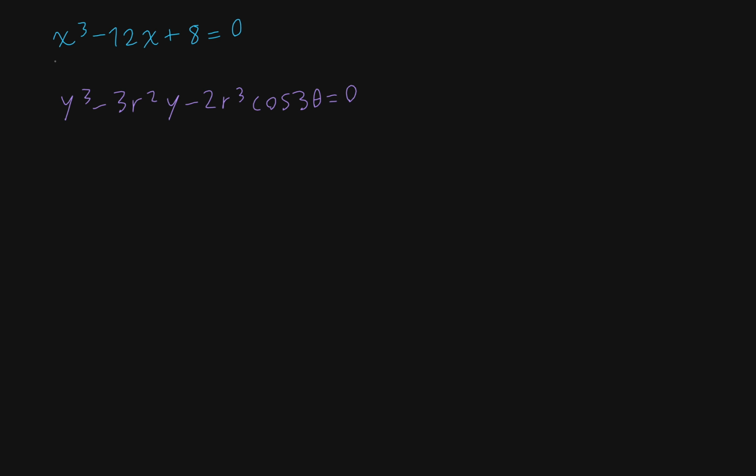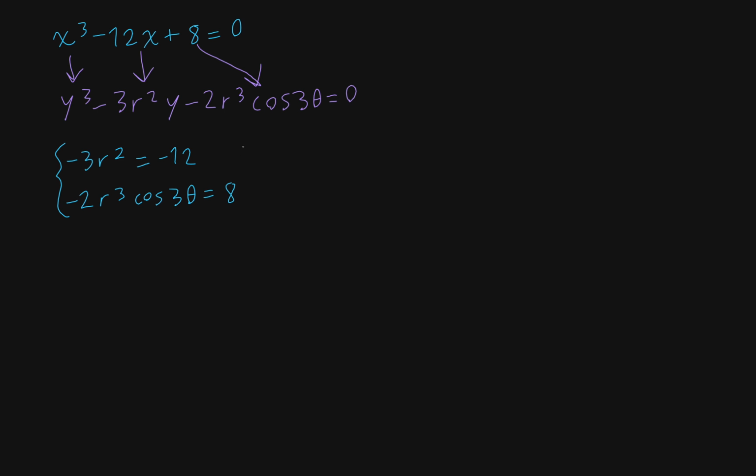Okay, so now this aligns here, this aligns here, and this aligns here. So what we get is the system of equations. We have minus 3r squared is equal to negative 12, and then minus 2r cubed cosine of 3 theta is equal to 8. So that's what we have here.